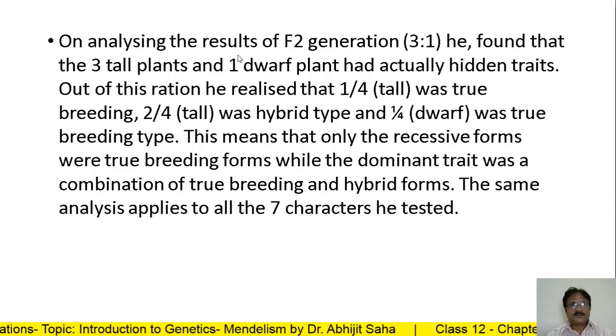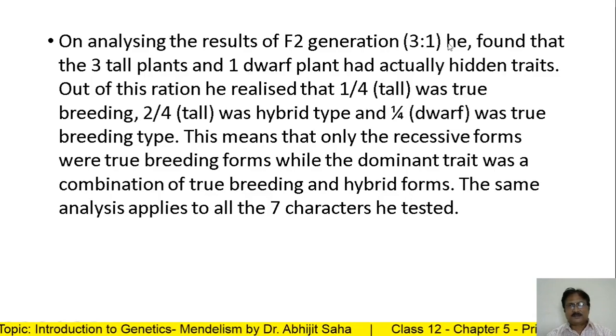Now, while analyzing the F2 generation, he found that 3 out of 4 were tall and 1 out of 4 were dwarf. But the 3 tall plants were not all pure tall plants. He realized that out of 3, only 1 was pure tall and 2 were hybrid type.